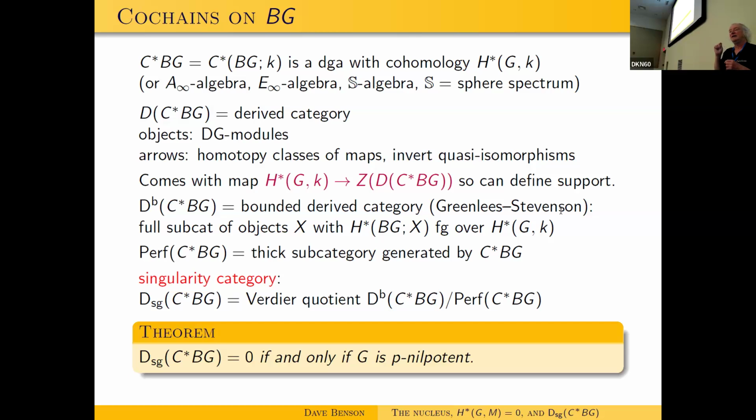The advantage of looking at it as an A infinity algebra or any of these other higher things is you don't have to invert quasi-isomorphisms. For a differential graded algebra, you certainly do. So that's the derived category, and it comes with an action of the cohomology ring of the group.